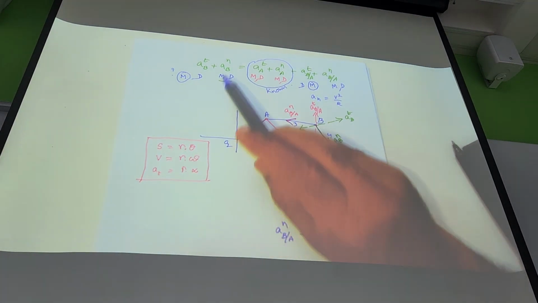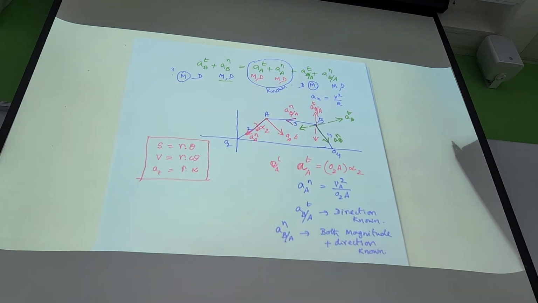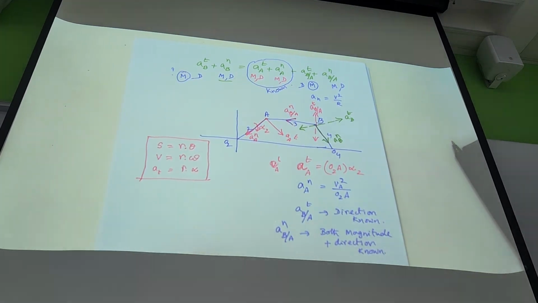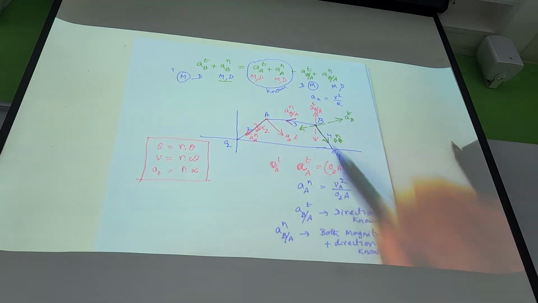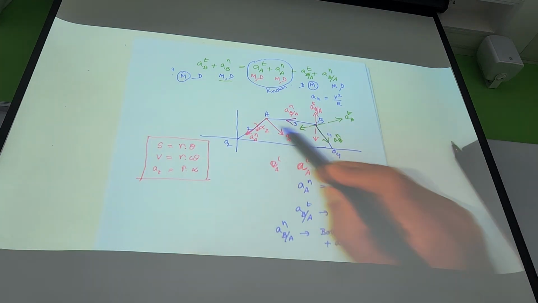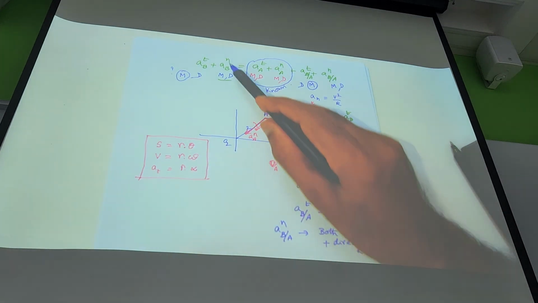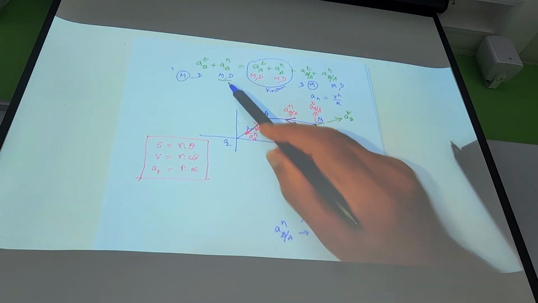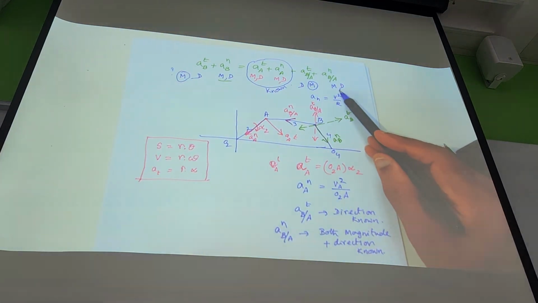For the normal components, we can calculate both magnitude and direction, because we know the velocities and the orientation of all the links. The normal acts in the direction of the links. So for acceleration of B normal and BA normal, we know both magnitude and direction.